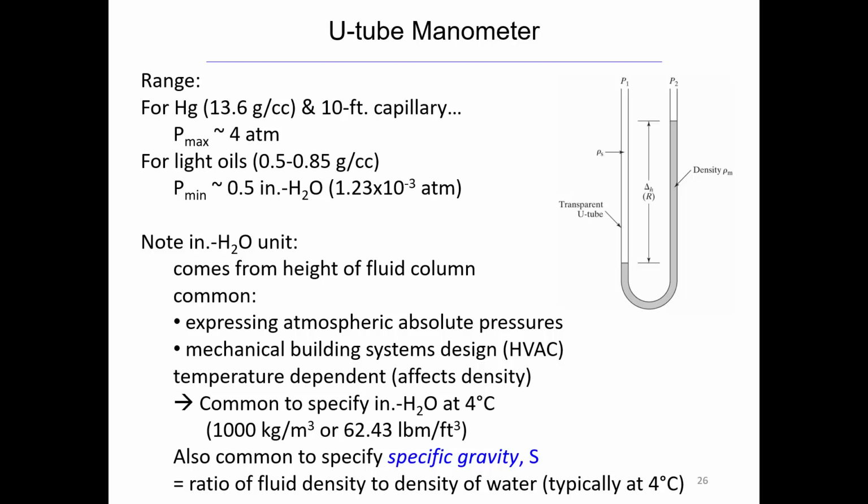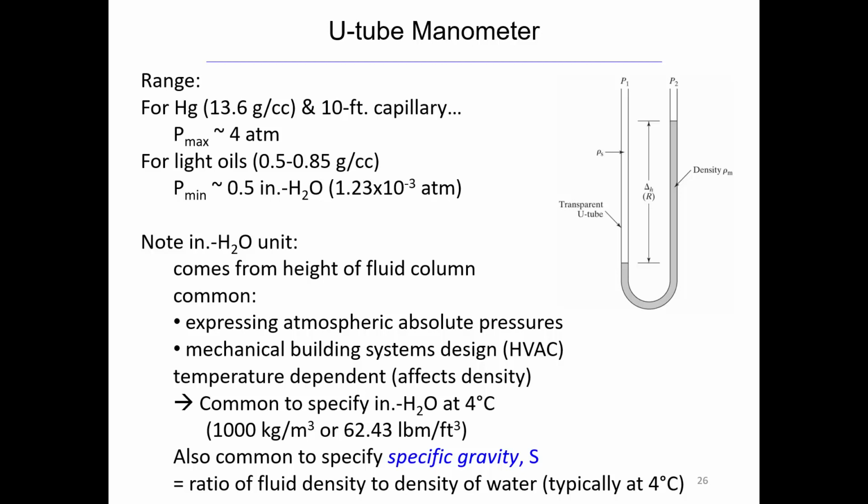I'm going to get to that unit here soon. It comes directly from this unit with the fluid column height. So I guess we're at that point here in the notes. This inch of H2O unit, first we should mention it's equal to 1.23 times 10 to the -3rd atmospheres.